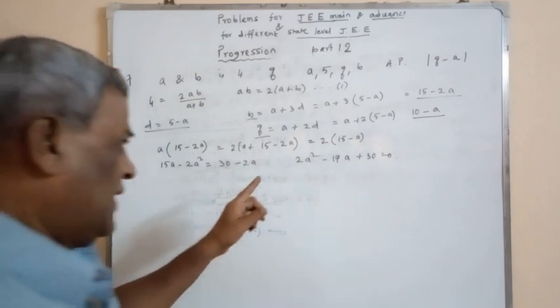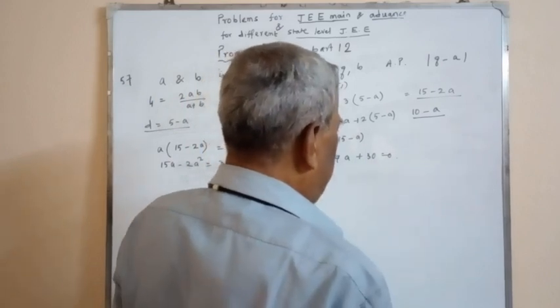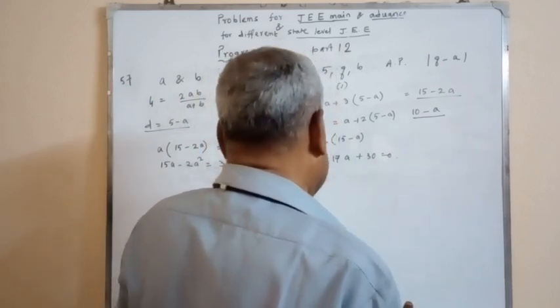By factorizing, it is 60, 15 and 2. Achha.